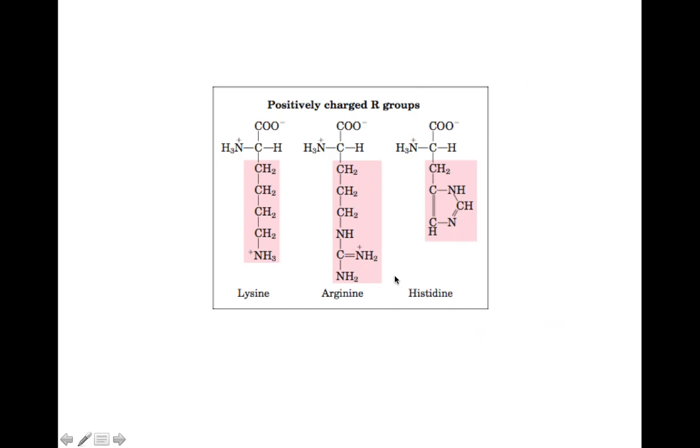But if there is a peptide which contains more lysine or arginine, this would be a positively charged peptide, or what we call a cationic peptide.